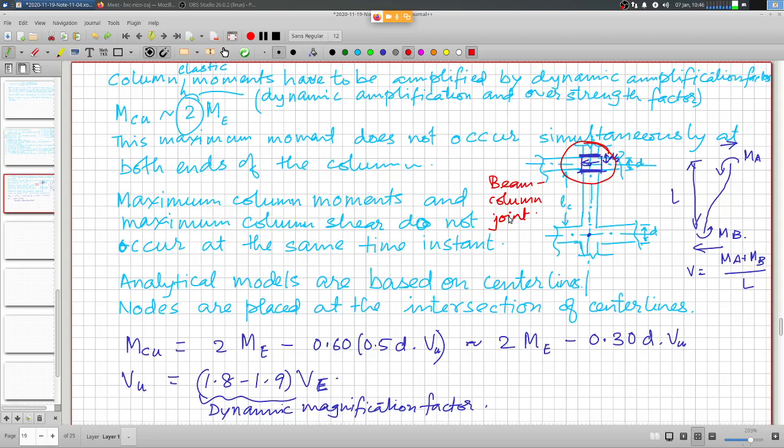What is special about this beam column joint? First thing is, if you pay attention, we are providing the moment capacities at the column face, the beam column face. We are providing the column capacities at this beam column face. So what happens to the joint?